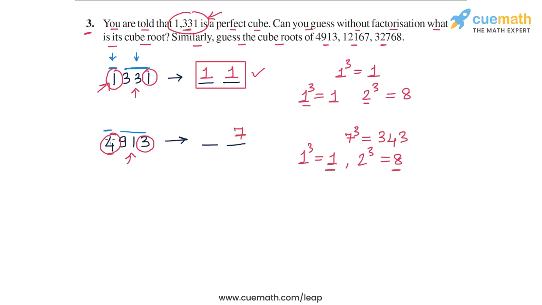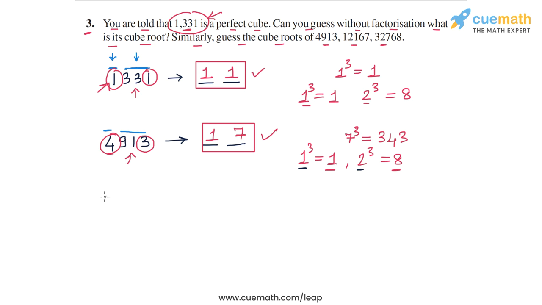The smaller of these numbers, 1 and 2, is 1, and therefore the tens digit will also be 1. So the cube root of 4913 is 17.